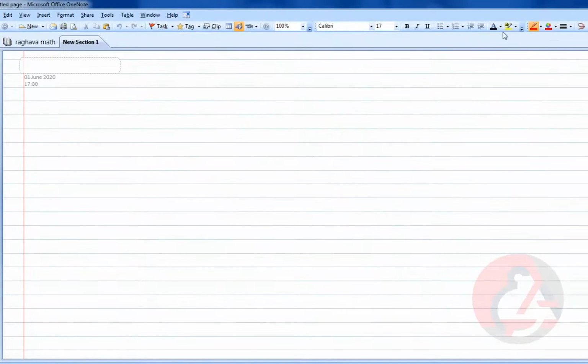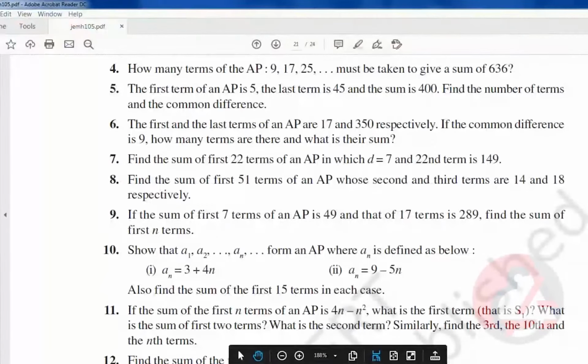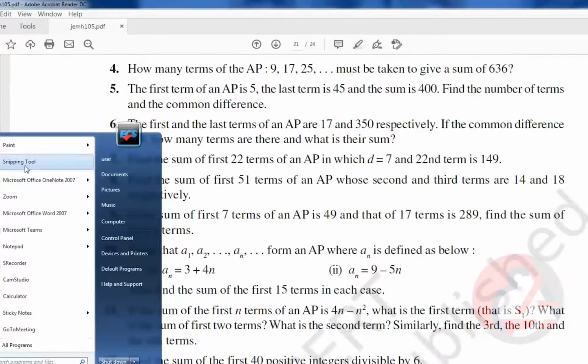So I am posting one more numerical here. Till the ninth one we have done, so I'm giving the 10th one.